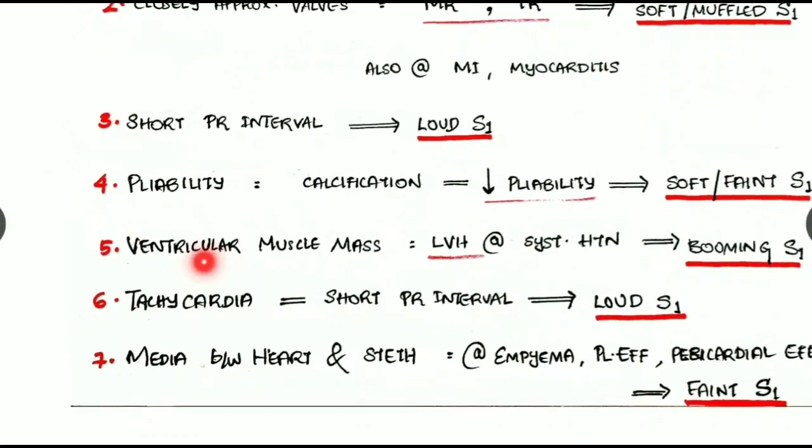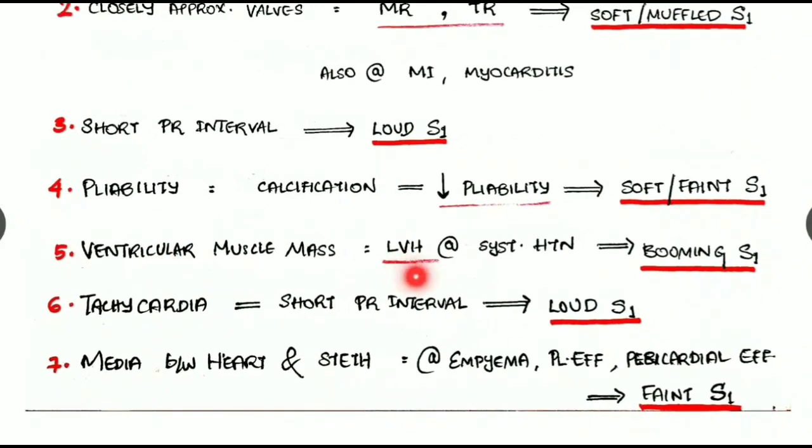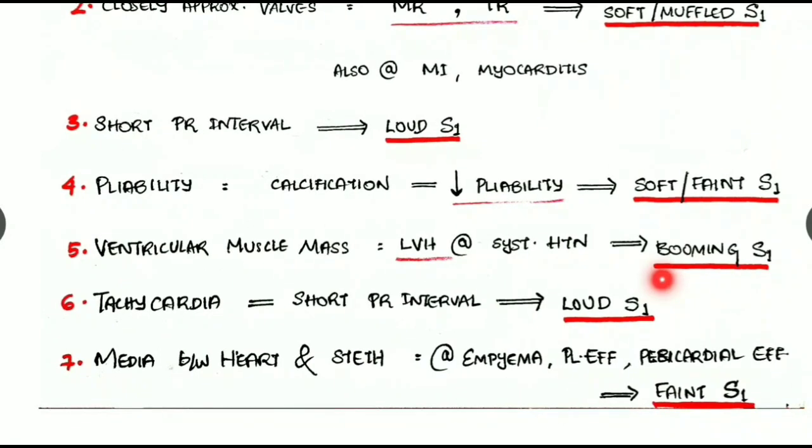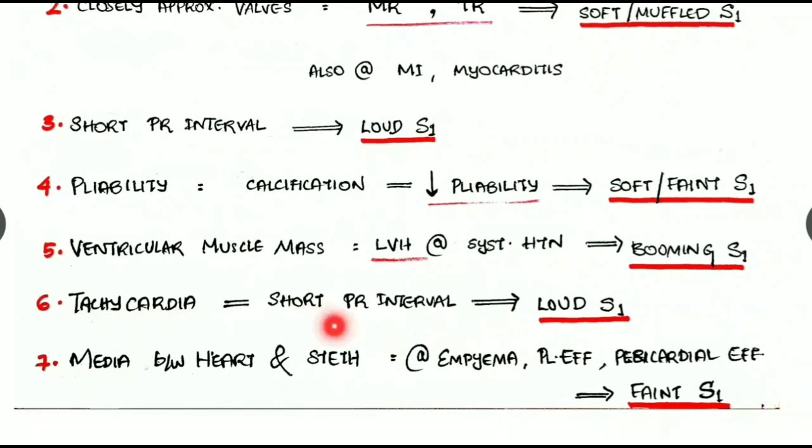Next is the ventricular muscle mass. If there is left ventricular hypertrophy, as seen in systemic hypertension, then there is a booming S1 heart sound. Next is tachycardia. In tachycardia, the PR interval is much shorter, and that causes a loud S1 heart sound.